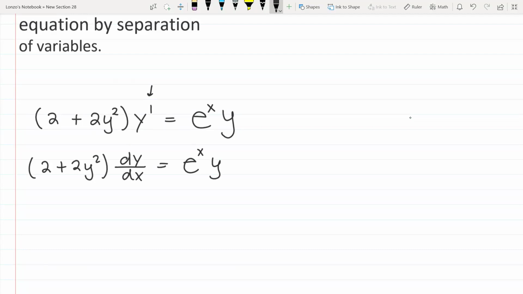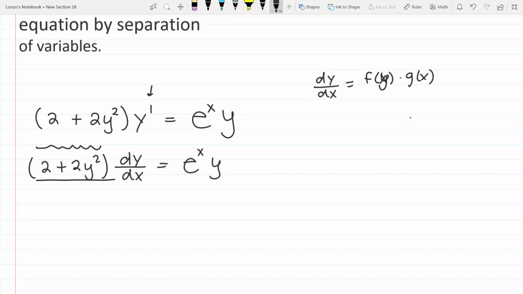Is this separable? Not quite yet, because in order for something to be separable, it has to be in the form of dy/dx equals f(x) or f(y) times g(x), right? So we have to move this 2 + 2y² to the other side, and then it will be separable. How do I move it to the other side?